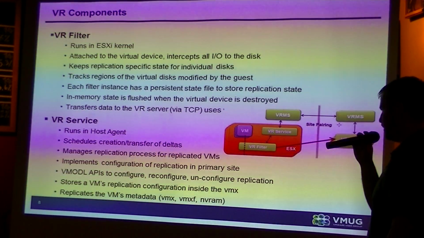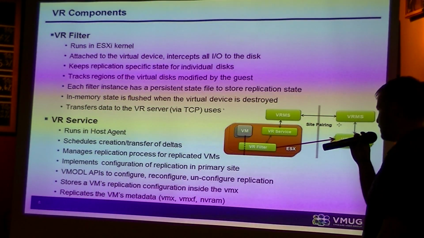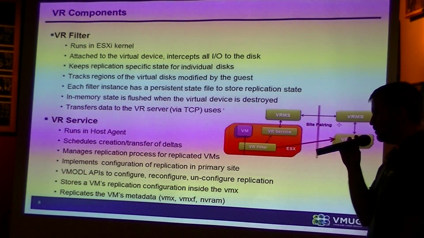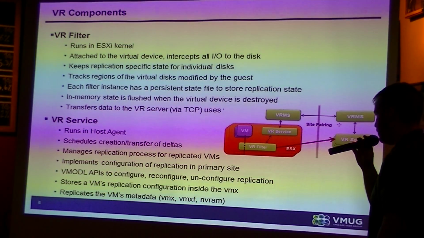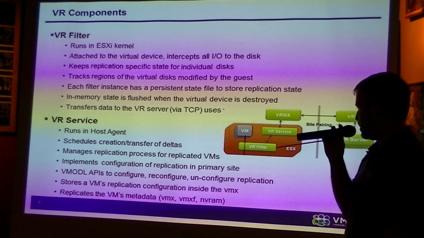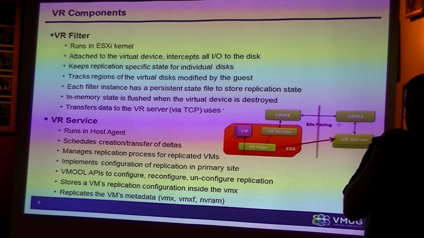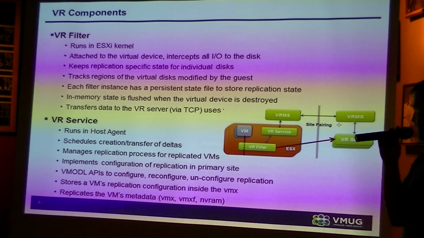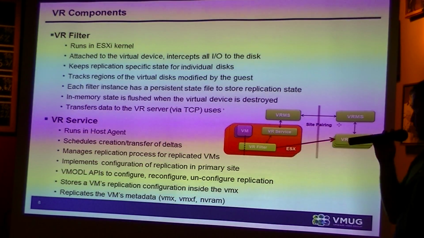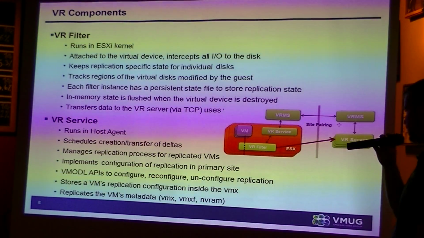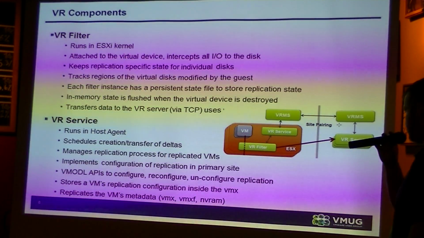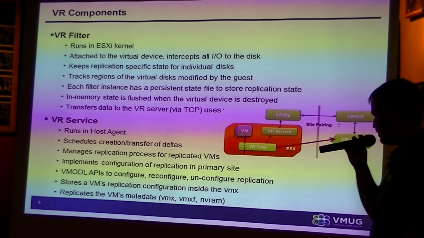It also includes some of the VMODL APIs that let you configure, reconfigure, and even unconfigure your replication. It's not going to replicate everything in each individual VM folder. It's only going to replicate the VMX files, the VMXF files, the NVRAM files, and the VMDKs.